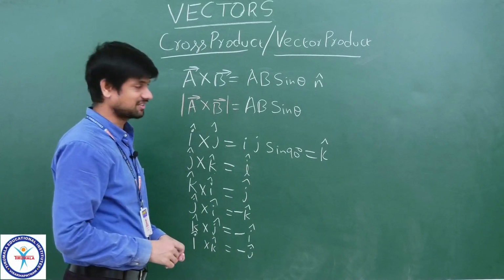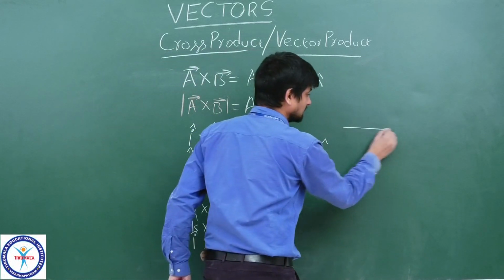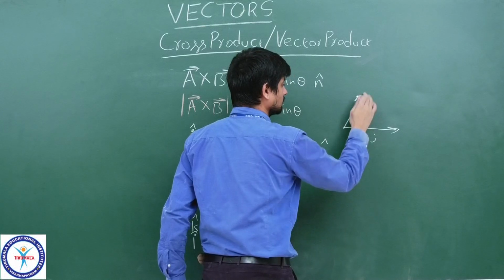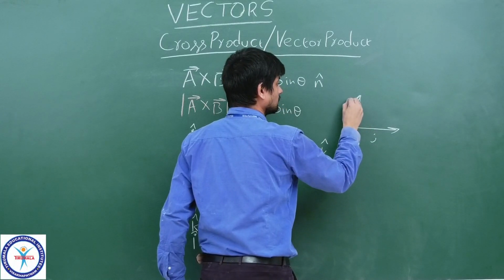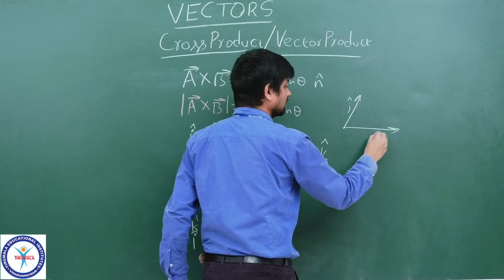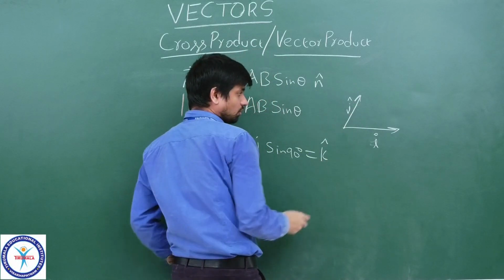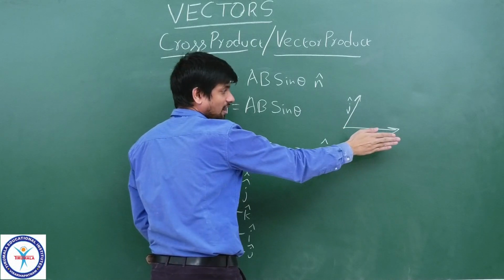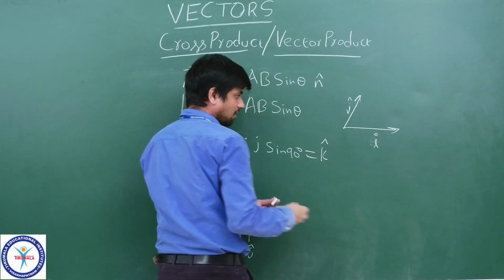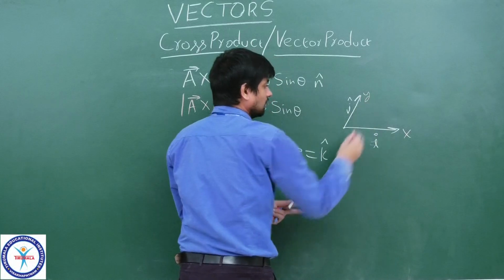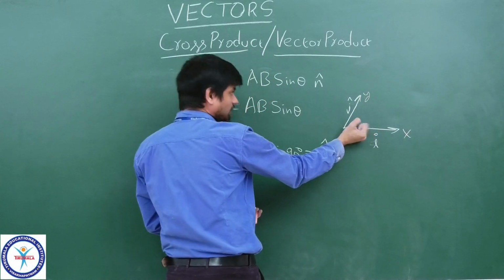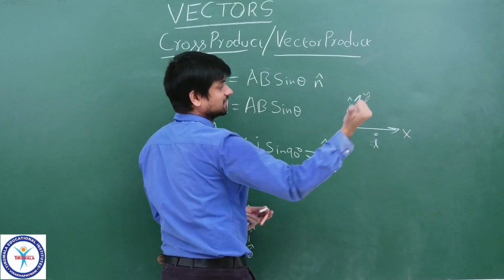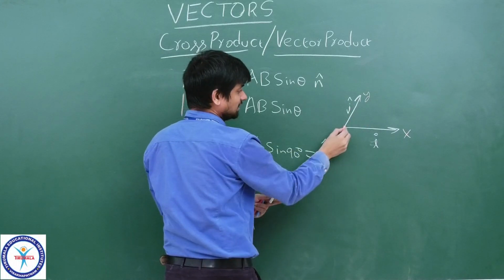Right handed system, I said before, right? So this is i, this is j. Apply the right hand fingers along i, along the x axis, and curl towards y. Now open your finger this way. So this is the z axis.